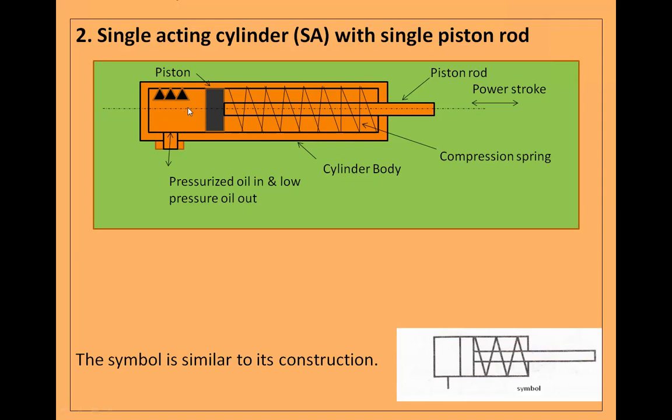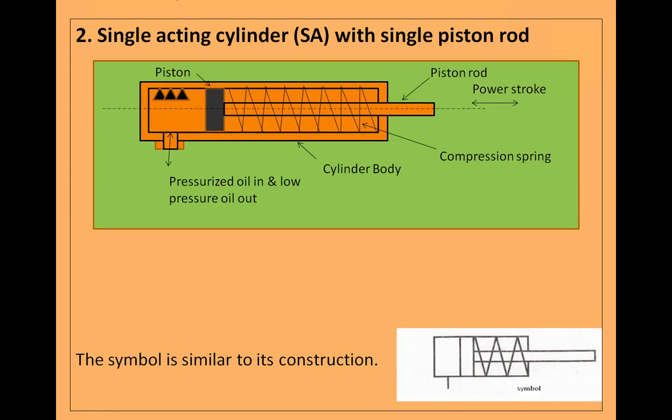When force is exerted on the piston surface, the piston moves in the forward direction, that means linear motion of the piston happens. Then after cutting off the intake of pressurized oil, the compression spring starts to retract, that means it comes back to its original position. That is why it is called retraction.